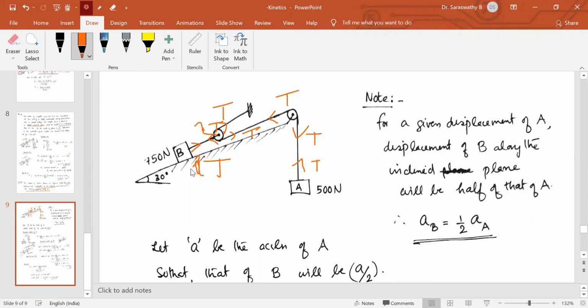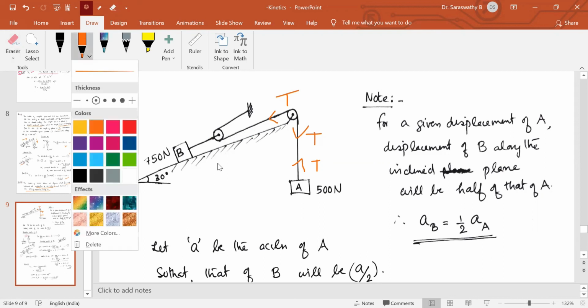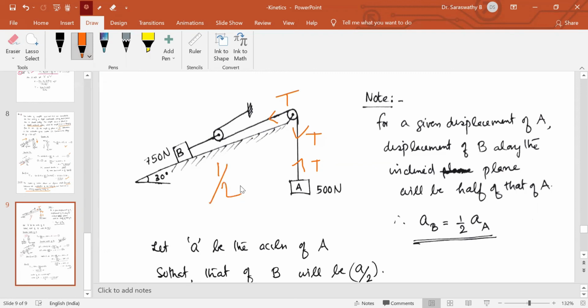That is one thing. And second point is, when this mass A moves down, suppose we give unit displacement to this. Suppose this mass is pulled down by 1 centimeter. If it is pulled down by 1 centimeter, this pulley, this block, will move up by only half a centimeter. Why?